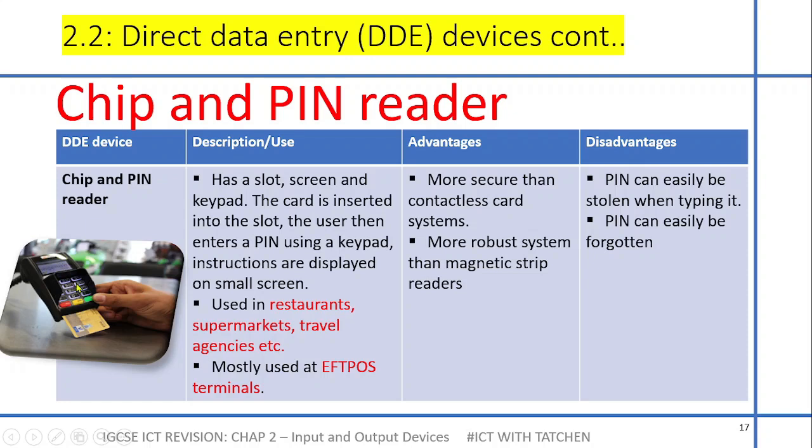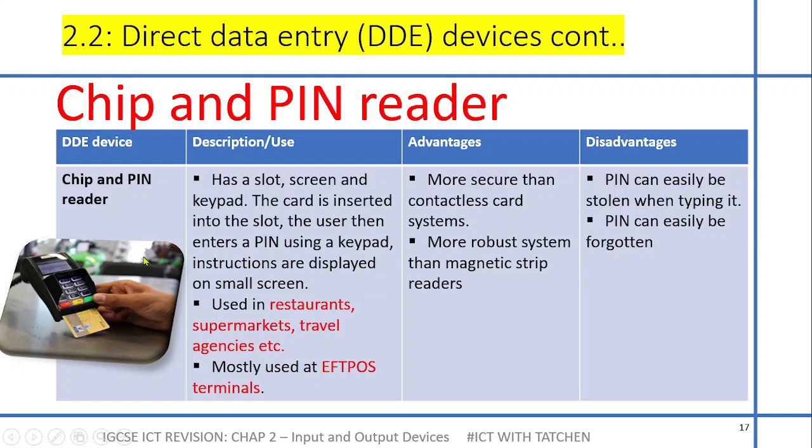When you slot your card, maybe you enter your pin. If the pin corresponds to the data stored on the card, it takes that in. If you have to pay for something, maybe you enter the amount, and then you press enter, and that particular amount is deducted.